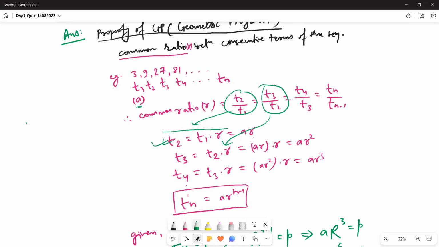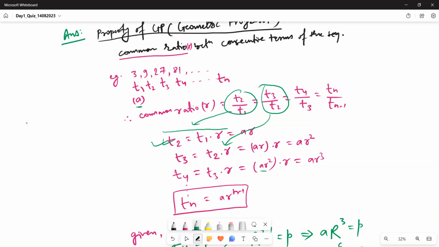Now again from this term we have T4 equal to T3 times R, because we are transposing T3 to the side of R. So T4 equal to T3 times R, that is A R squared times R, equal to A R cubed, and so on. So for Tn, we can see that for each term we have A and R to the power of the term number minus 1.